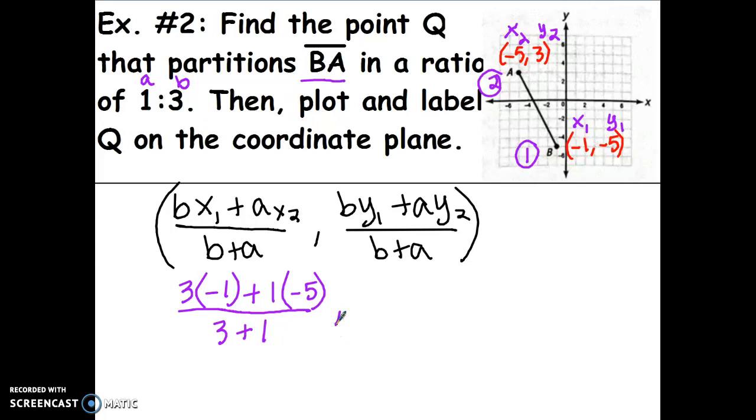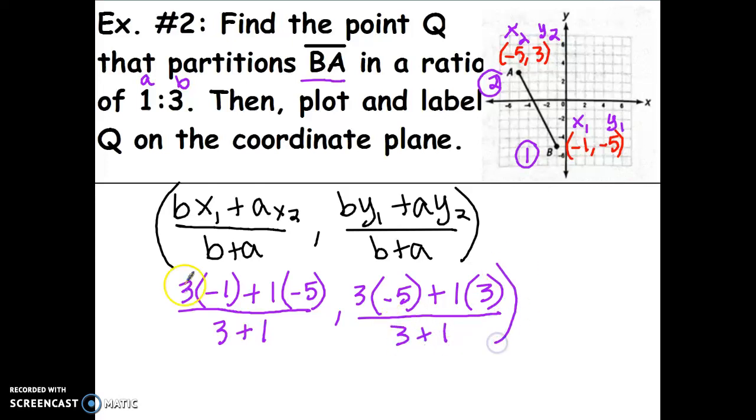Our b is 3, our y1 is -5, plus our a, which is 1, our y2 is 3, all over b plus a. I like this formula a whole lot more. It already looks so much simpler. Let's continue to simplify.